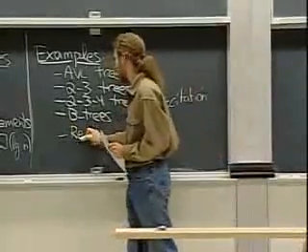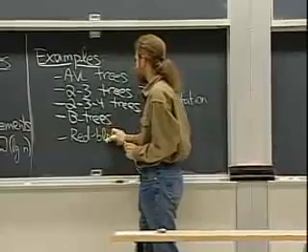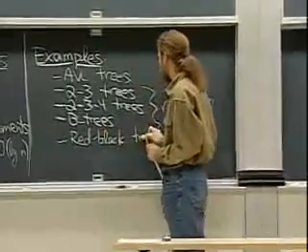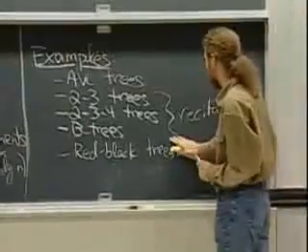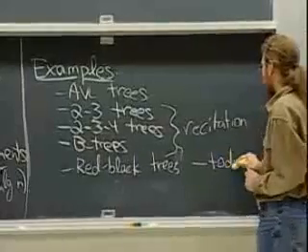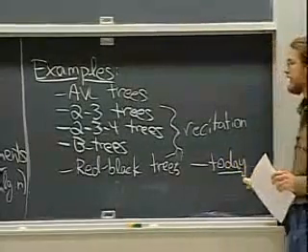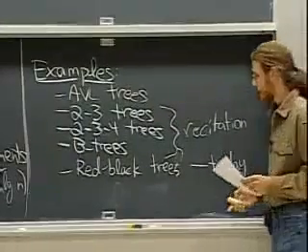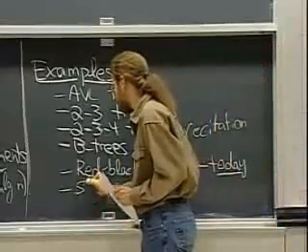The trees we'll cover today are called red-black trees. These are binary search trees and of guaranteed logarithmic height. Then there's some others.